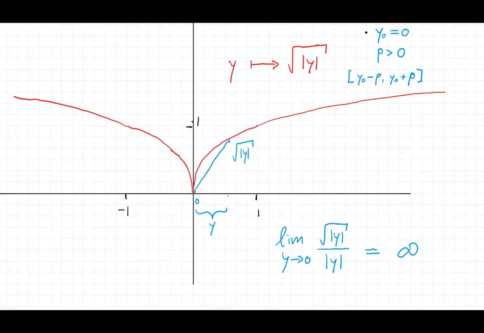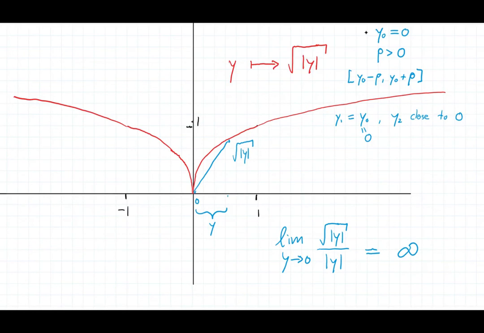Let's say I pick y1 to be just my y0, and I pick y2, some real number from this interval close to 0.